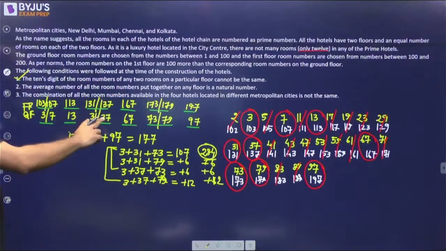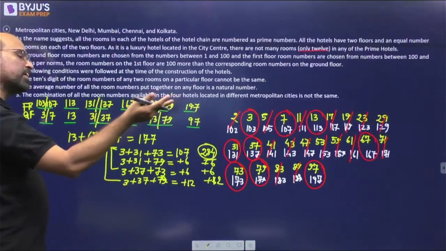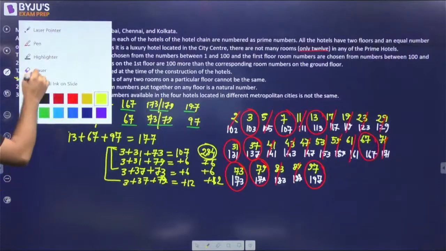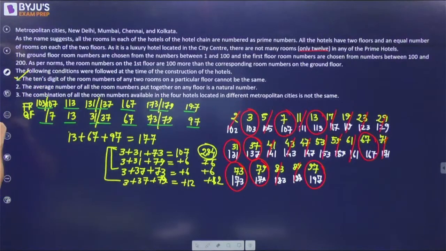It means 31 or 37, 73 or 79, whichever combination you take, it's not going to work out with 3. The moment I don't take 3, can I be confident that it can't be 3? If 3 is not possible, 103 is also not acceptable.